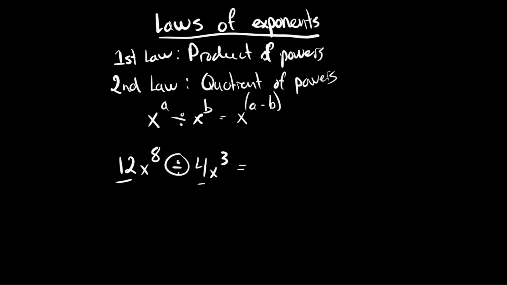So we have 12 divided by 4, and then we apply the second law to the powers. So we have x, and we have 8 minus 3. We're following the second law. It's a division, so we take the first exponent minus the second exponent. That gives us 3x to the power of 5.